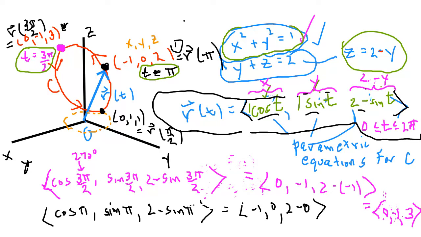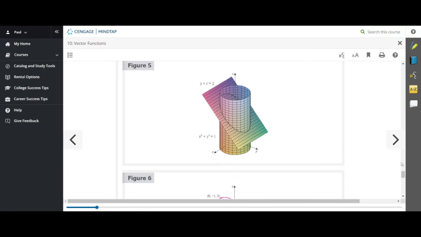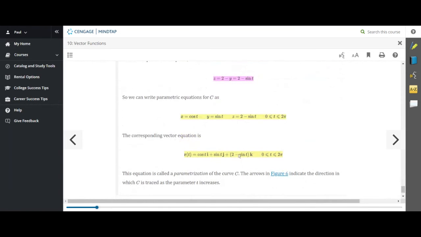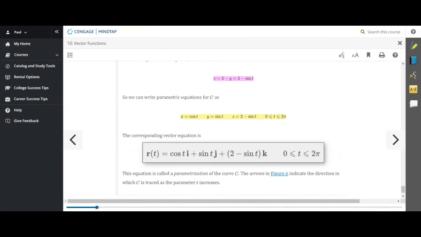Okay. Just to complete the thought process here, we have done it, but just so you can see. You see there's several ways you can express the answer.